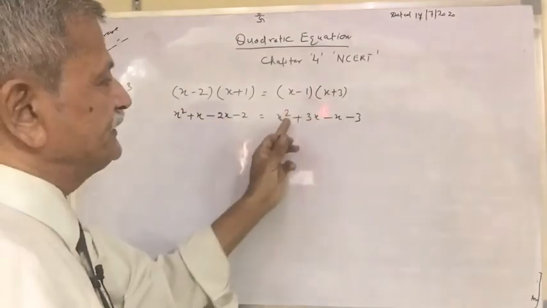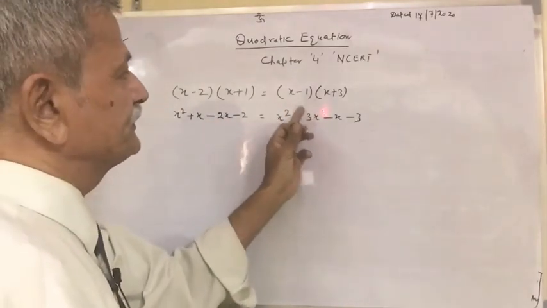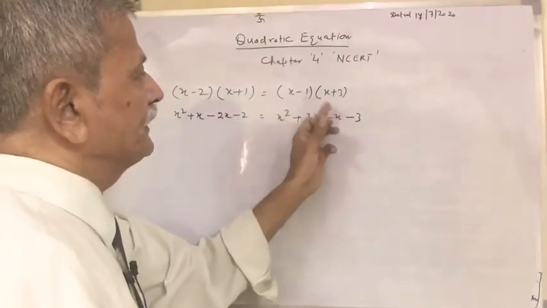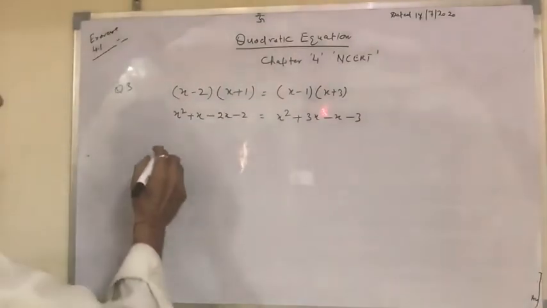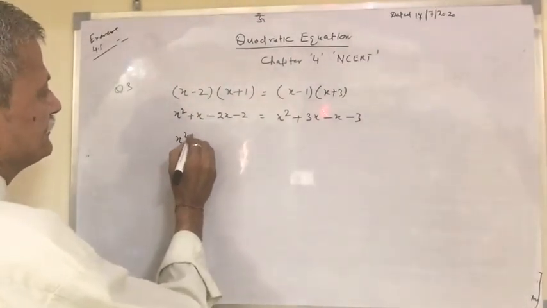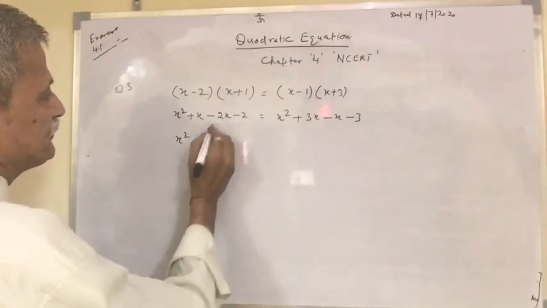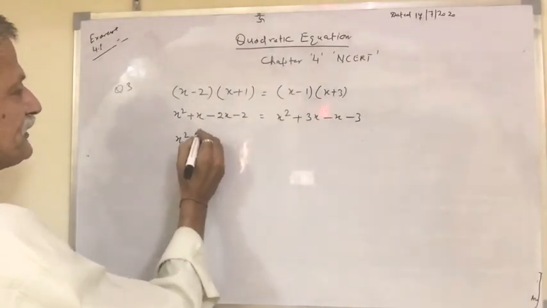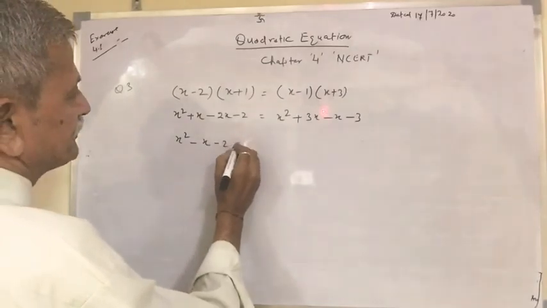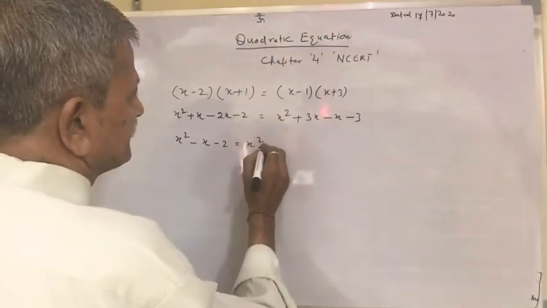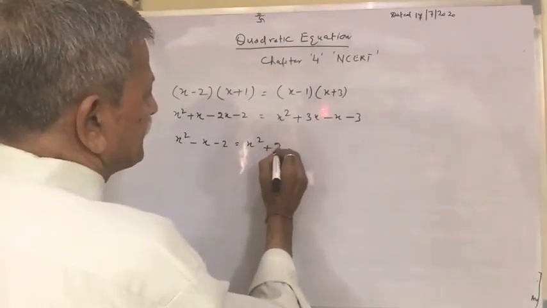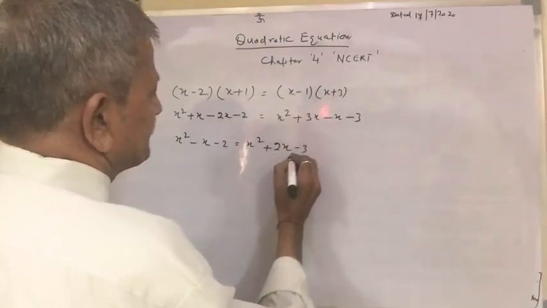Here you would get x square plus 3x minus x minus 3. So after solving this one, x square, here is minus 2x, subtract x, so you would find only minus x and minus 2 is here. And here x square, then 3x minus x, so it will be plus 2x minus 3.